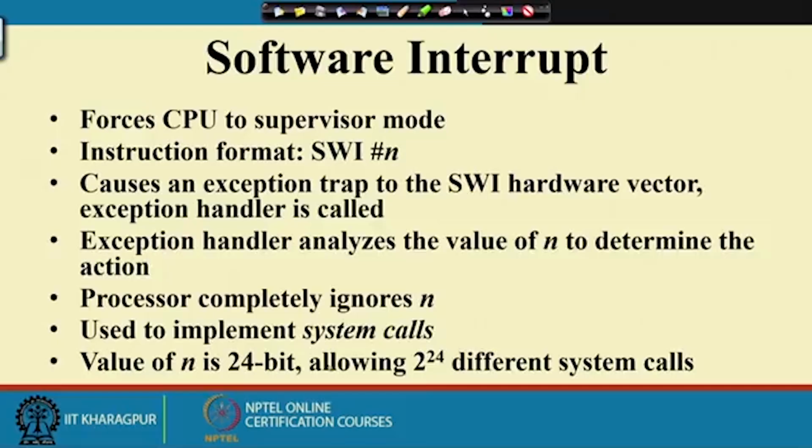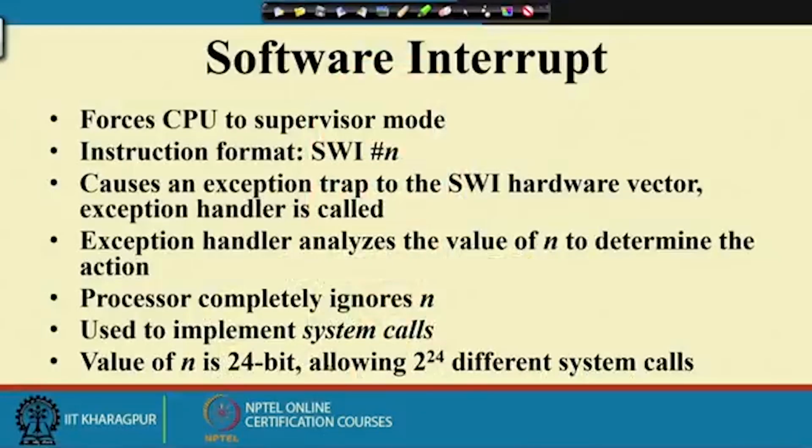But the difficulty is that for each of these 2 power 24 system calls, we have to have the corresponding memory address. If the address bus is assumed to be even a 32-bit address bus, then the 32-bit address has to be specified. So, for each of these I will require 4 bytes of memory space to hold the corresponding vector address.